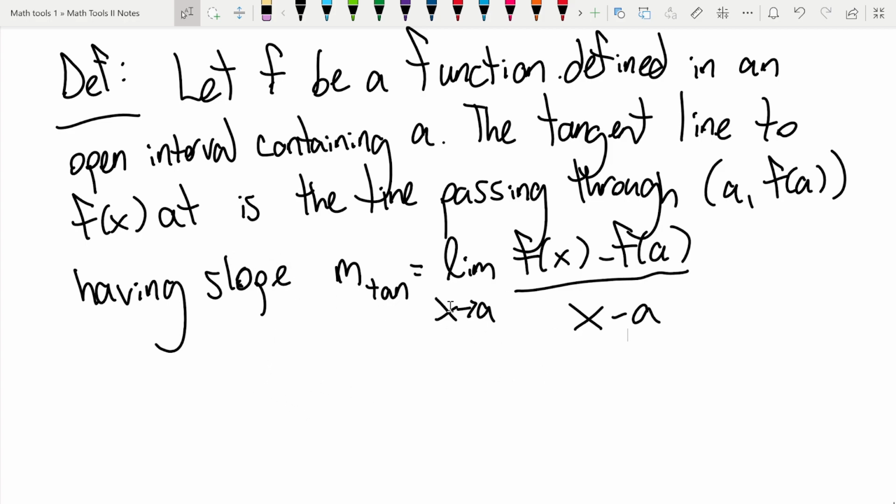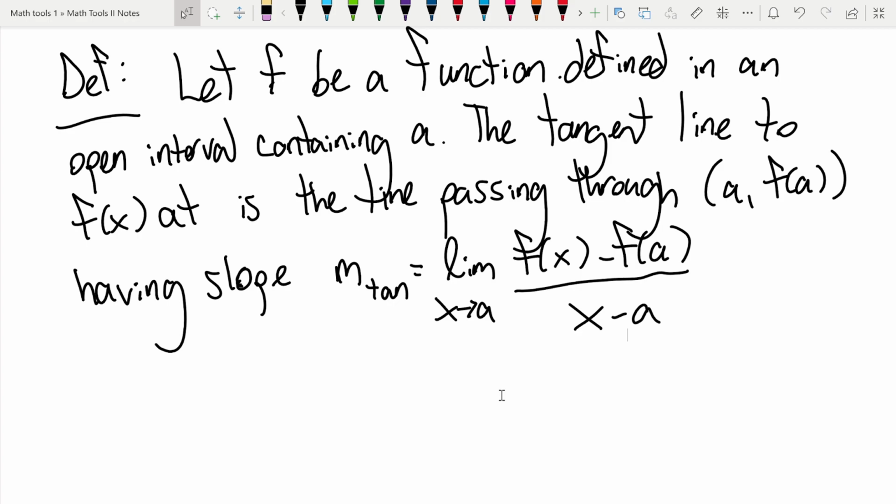But this shows that we let x approach a, converge into a, and this is the slope of the secant line between x and a, and this will give us the slope of the tangent line once we take the limit. Okay. So of course this is dependent on the limit existing.